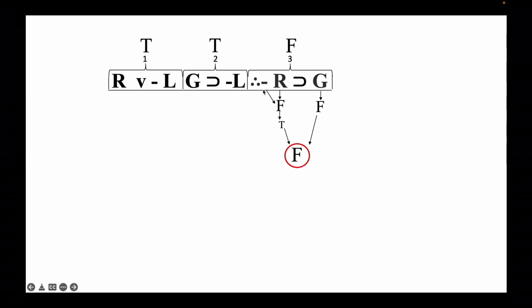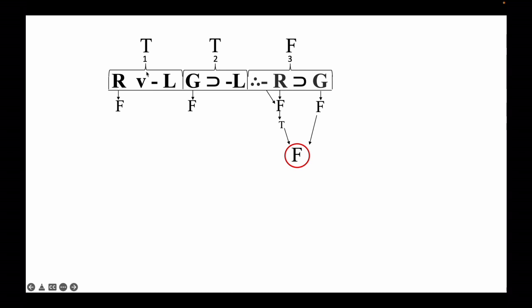Okay, now I said that R is false and G is false. I plug them in. Now remember that I have to make the second premise true. Okay. But let's look at premise 1.